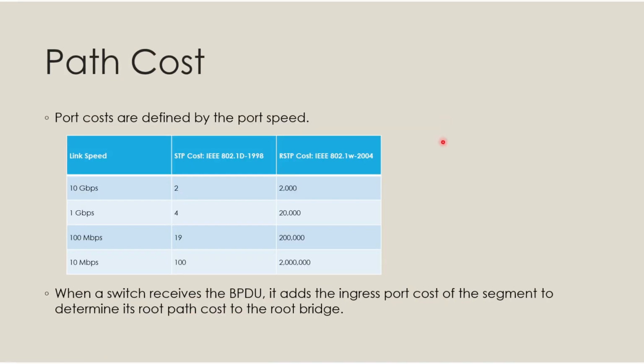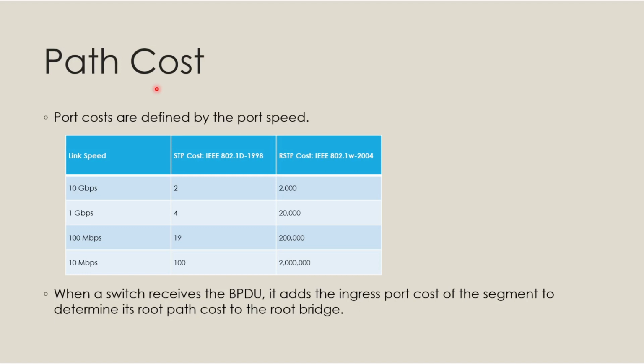Another important piece of information in the BPDU is the root path cost. Root path cost is the accumulated path cost from the receiving switch to the root bridge. The port cost is the path cost, which is determined by port speed.